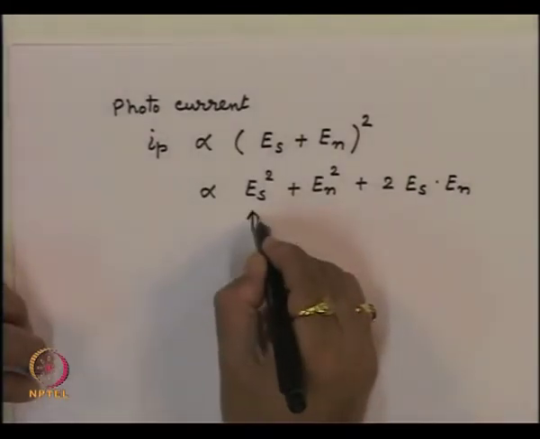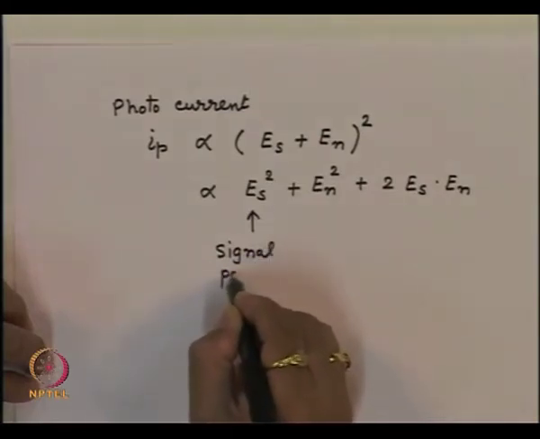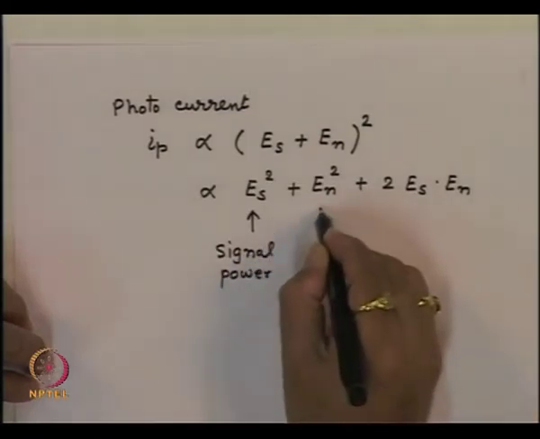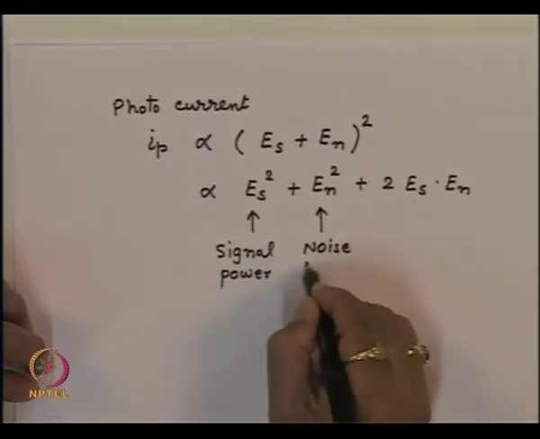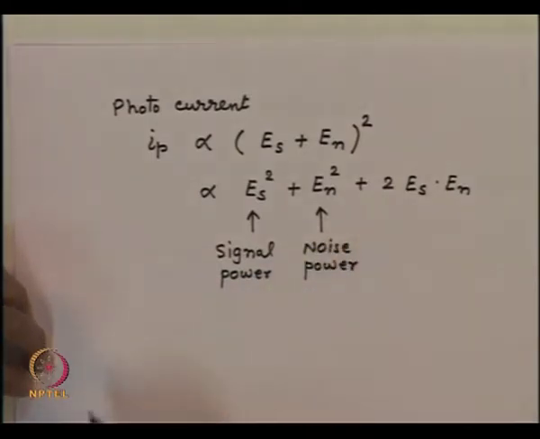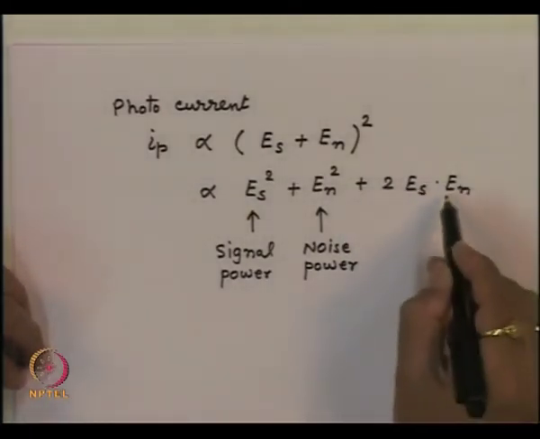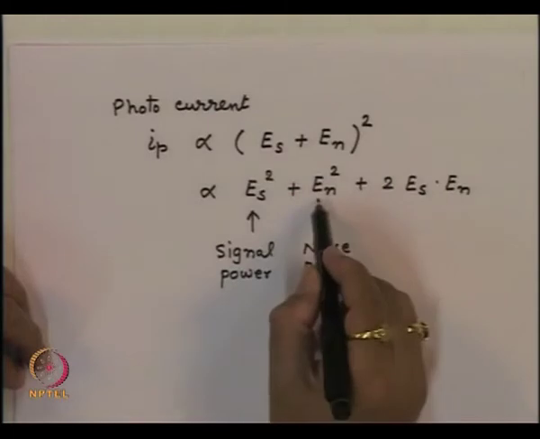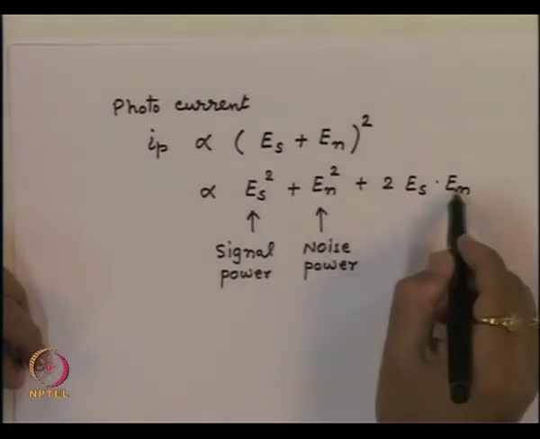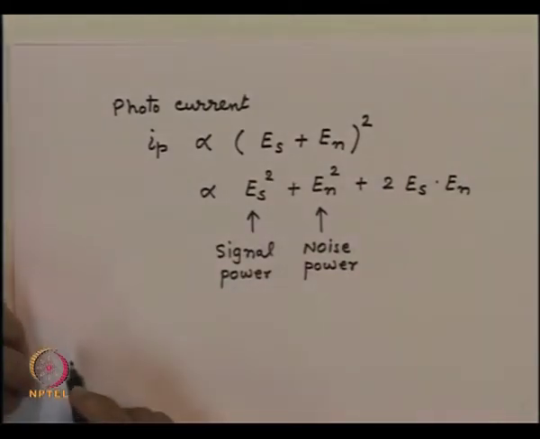So this is nothing but your signal power. This is the noise power in the ASE. But we now have an additional term which looks like noise, because we have a product with respect to En, but its amplitude is not as low, because this quantity is multiplied by Es, so it becomes proportional to the signal power.